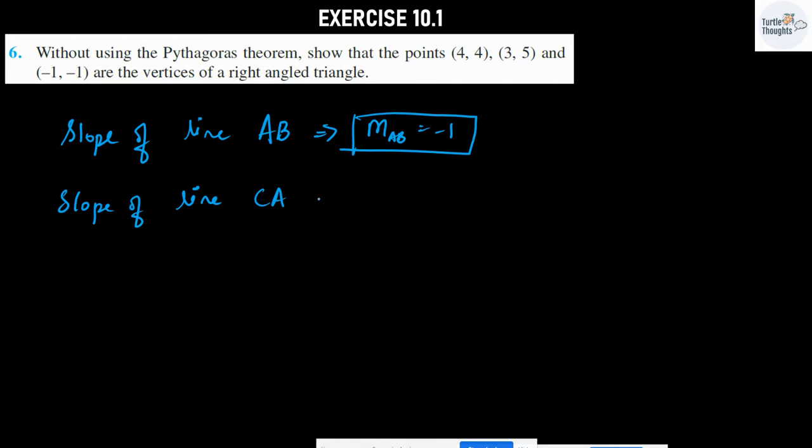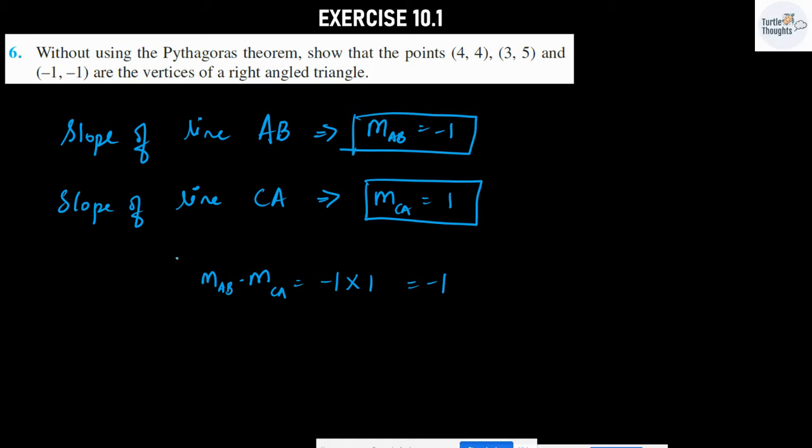I need not take BC, because there I'm getting 3 by 2. Whenever I multiply, the product will not be equal to minus 1. The slope of line AB is minus 1, slope of line CA is 1. So when I multiply, are they equal to minus 1? Minus 1 multiplied by 1, it is equal to minus 1.